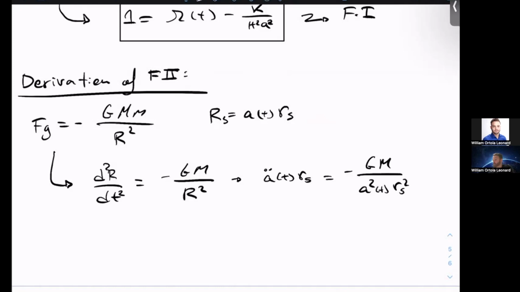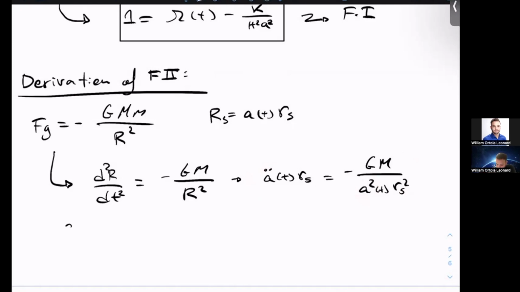And next, we're going to divide both sides by a and by rs, but only with one power, not raised to the second power.